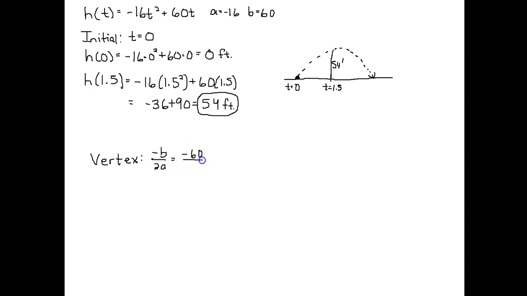So negative 60 over 2 times negative 16, and you get 1.875. So at 1.875 seconds, you're going to reach your highest point.